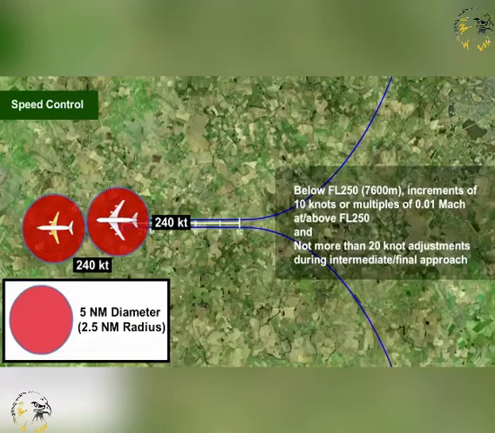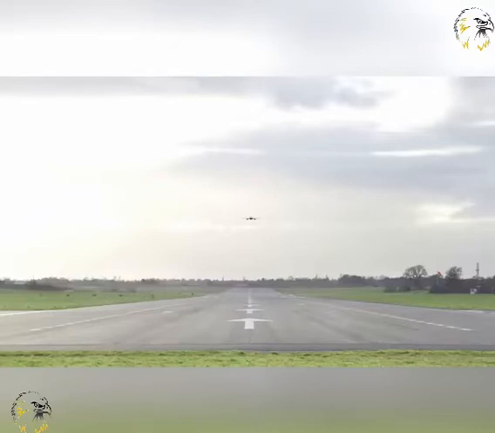Specific speed changes will be asked for in increments of 10 knots, or multiples of 0.01 Mach. Only minor speed adjustments of not more than plus or minus 20 knots will be requested when an aircraft is established on intermediate or final approach. Speed control will not be applied after a point 4 nautical miles from the threshold of the in-use landing runway.